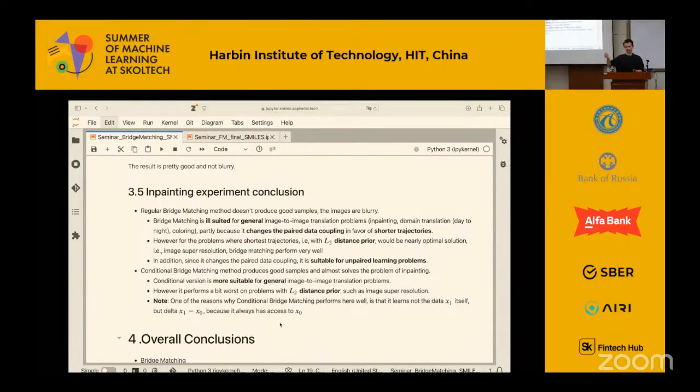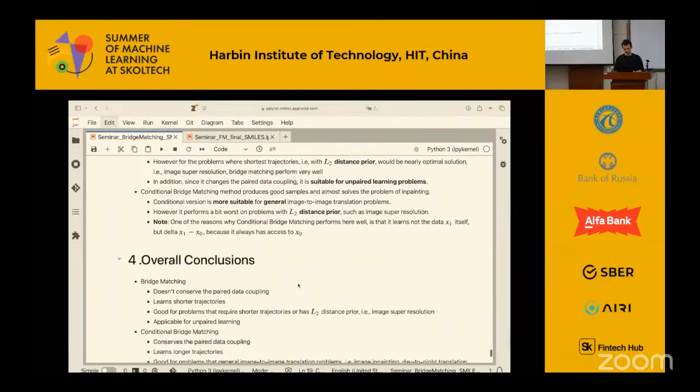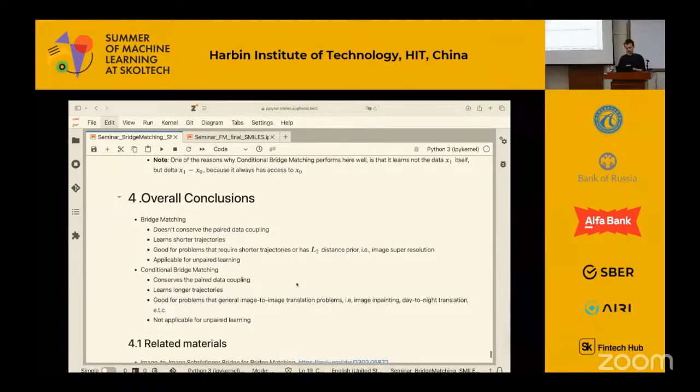Because it also has x0 as a part of its input, it can remember the start of your trajectory, and hence it has to learn more of the delta to the real data, rather than just the real data distribution. And this is, in a computational sense, more suitable for neural networks to do. And so, overall conclusions for the seminar.